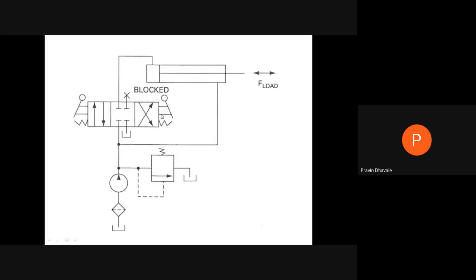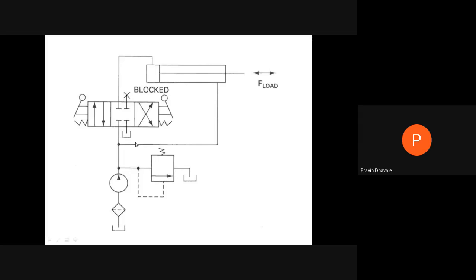When you execute the second position, what happens? We supply fluid from the pump to P, and P to B is blocked. So whatever fluid is present at A is drained to the reservoir.